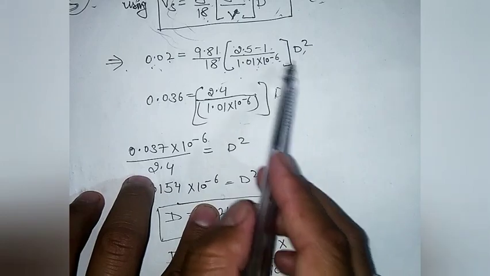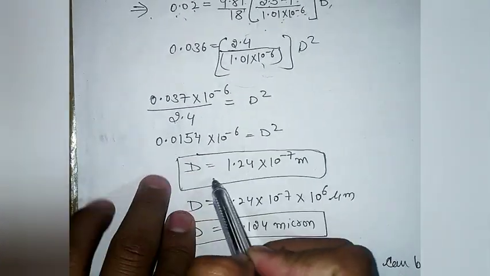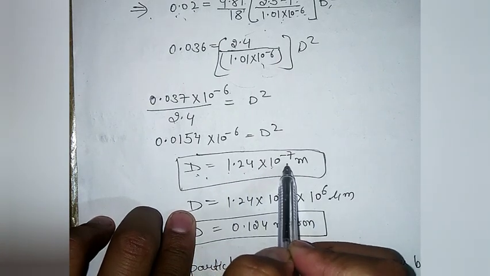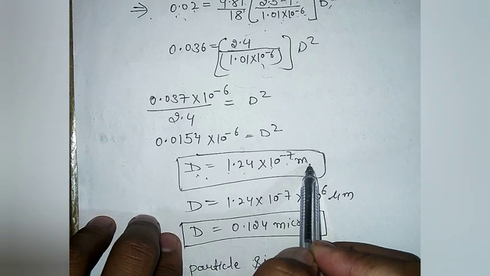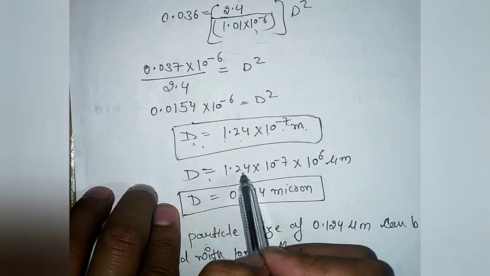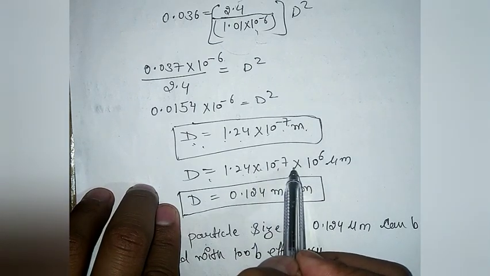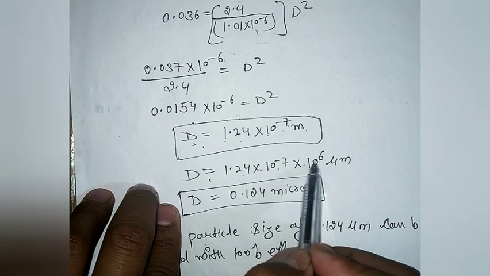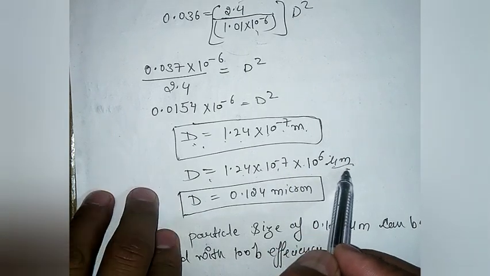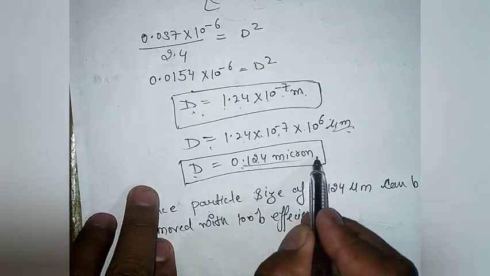By solving this we can calculate the value of D. So D will come out to be 1.24 × 10^-7 meters. We'll convert it into micrometer, multiplying by 10^6. So the particle size is coming out to be 0.124 micron.